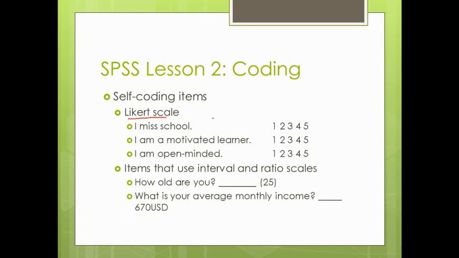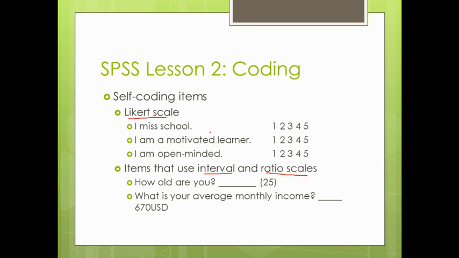Likert scale items are conceptualized as self-coding items, and items that use interval and ratio scales are also conceptualized as self-coding items. For example, we go first to Likert scale.